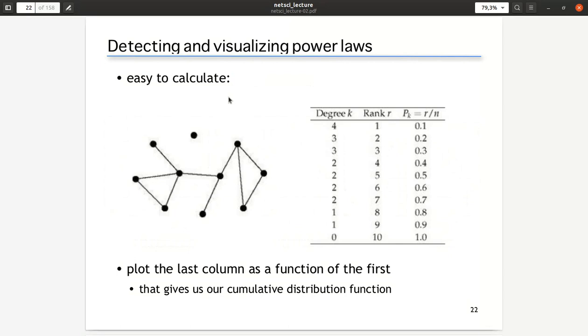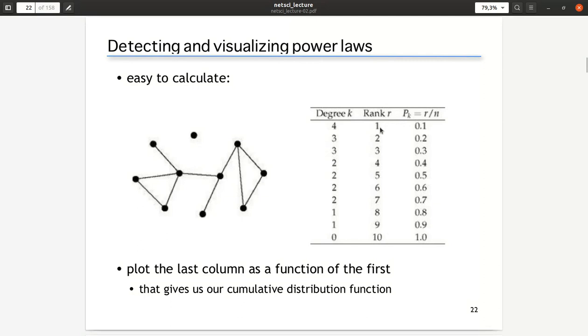Now just as a recap, it's very easy to calculate the degree distribution, because the only thing we need to do is the measurement of the degrees, and then rank the nodes accordingly in decreasing order.